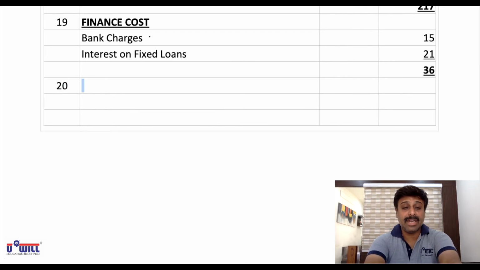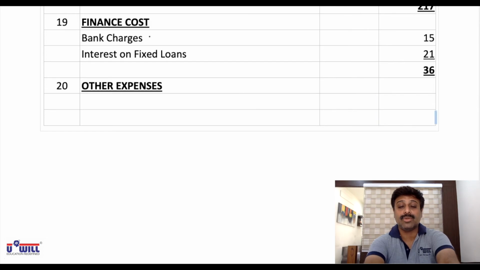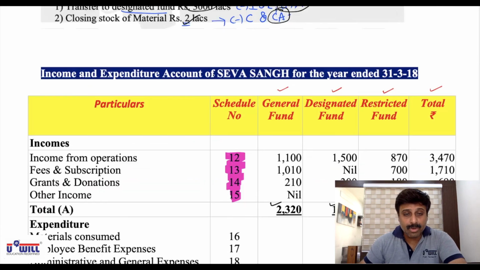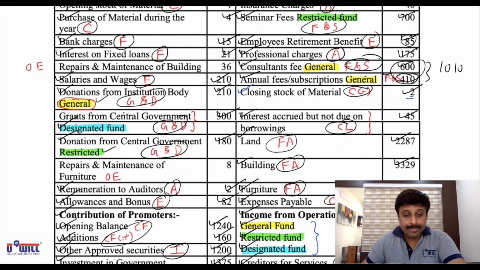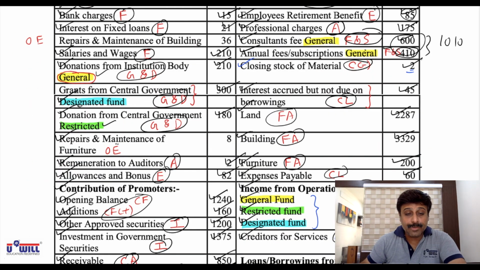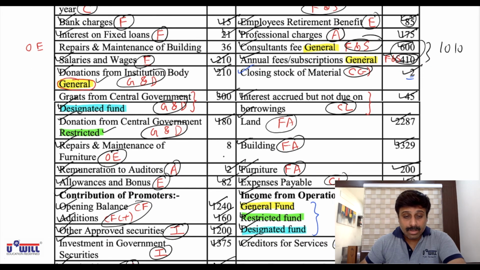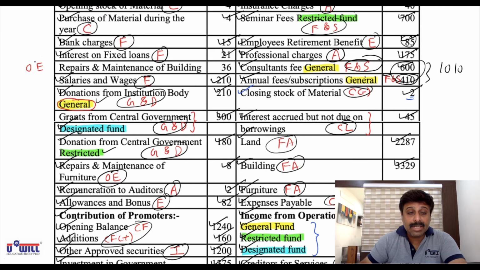And then last would be other expenses. OE marked items. So let us see which items are marked as OE, other expenses, or simply O. Repairs and maintenance of furniture, that is 8. And repairs and maintenance of building, that is 36.